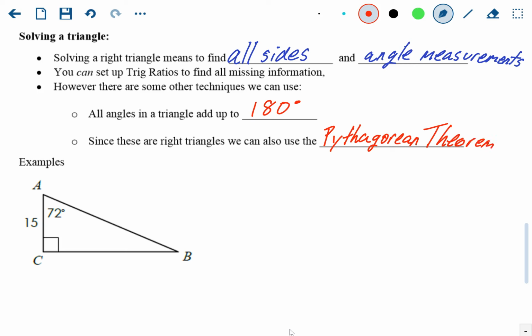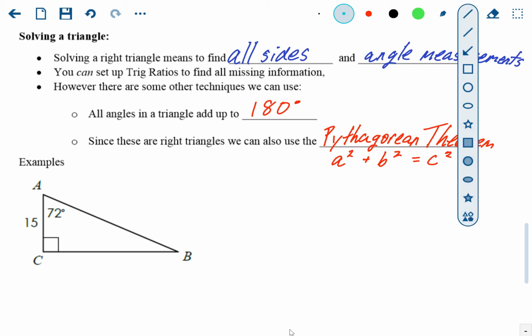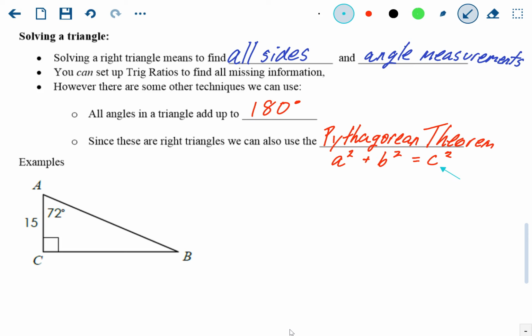Remember that theorem states that a squared plus b squared equals c squared. And c squared has to be the hypotenuse. Alright, so the 180 rule helps a lot. The Pythagorean Theorem is still a lot of steps. Some people just prefer to do trig ratios. I'll do a couple of each.